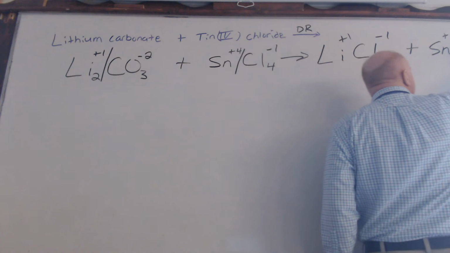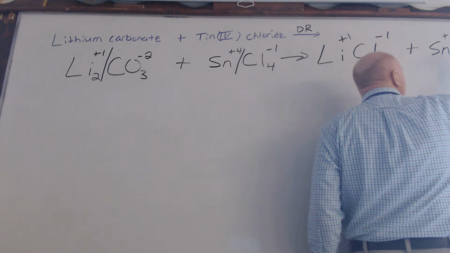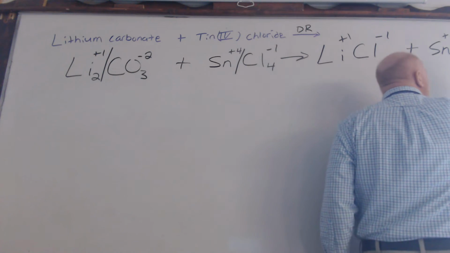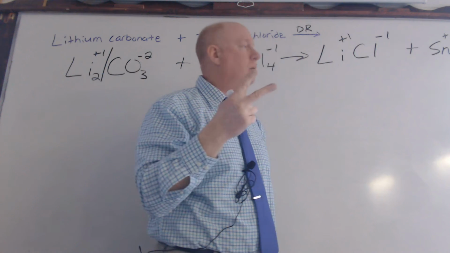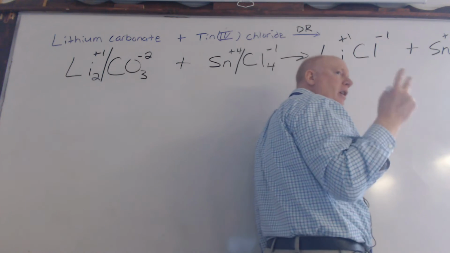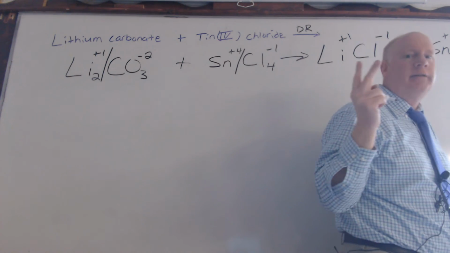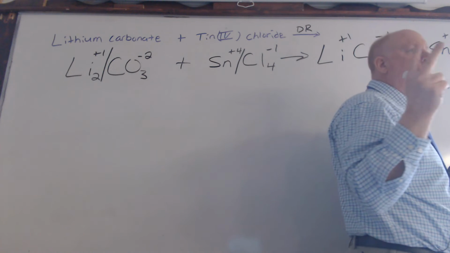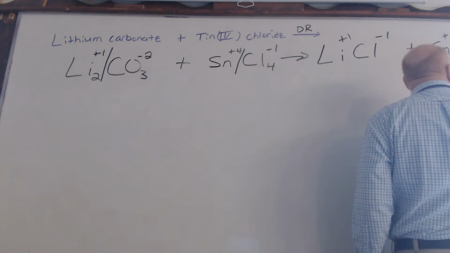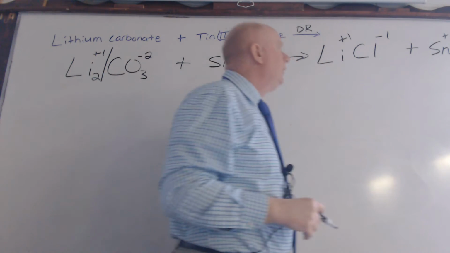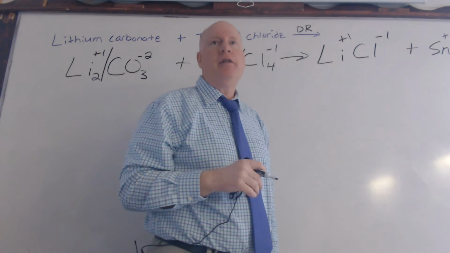What is 4 divided by 2? So that means you need how many carbonate ions? You need 2 carbonate ions. How do you illustrate 2 carbonate ions? You put it in parentheses, because if you do that, you would say you got 32 oxygens.